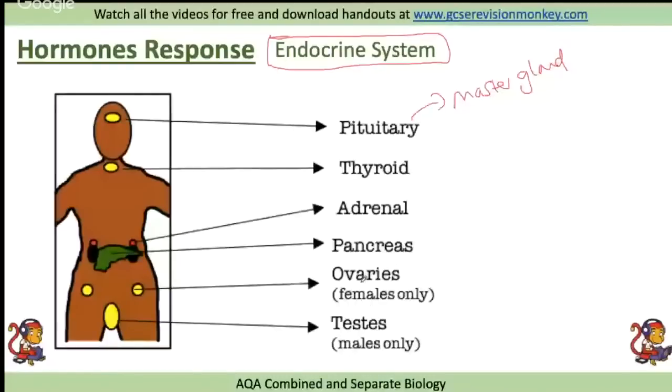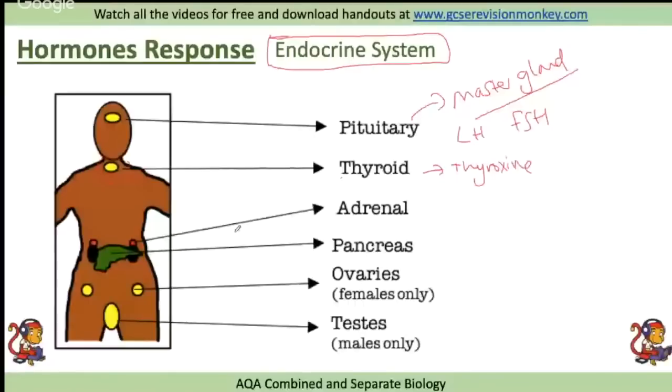So this one's the master gland. Hormones that are released like this include hormones such as LH and FSH. The thyroid gland is in your neck. That produces thyroxine, which controls your metabolism.